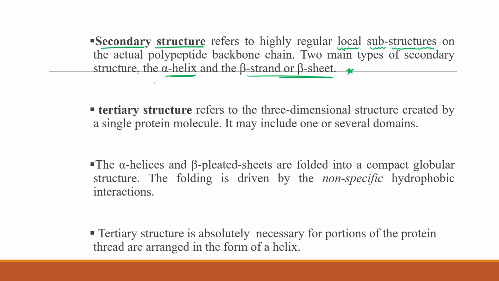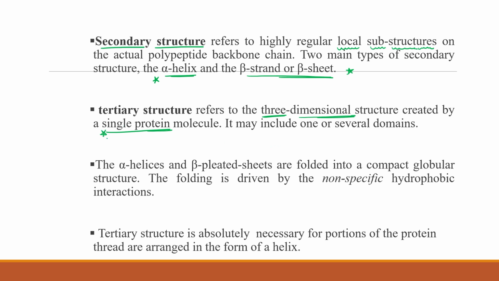They both are different types of secondary structure. And the tertiary structure refers to the three-dimensional structure, created by a single protein molecule. It may include one or several domains, but only a single protein molecule.